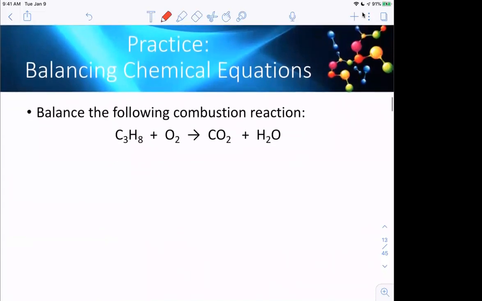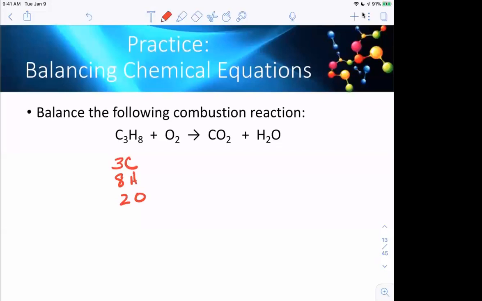So let's do this one to see if we get it. I'm going to count my numbers of atoms. I have 3 carbons on this side. I have 8 hydrogens, and I have 2 oxygens.